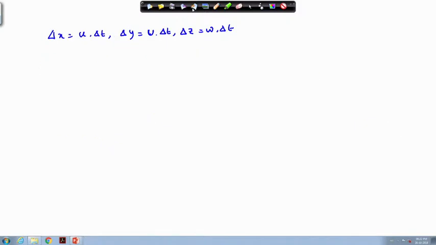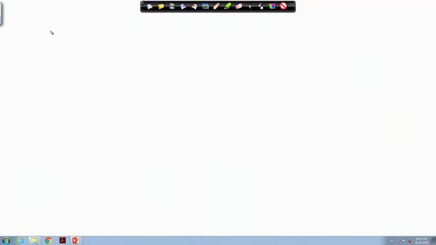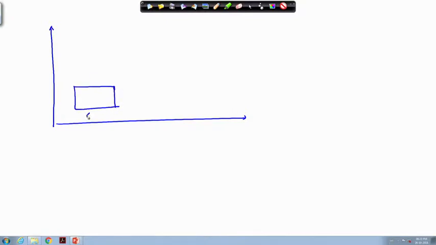Moving on, let us now consider that the same fluid element is in a flow field where u is a function of x and v is a function of y only.